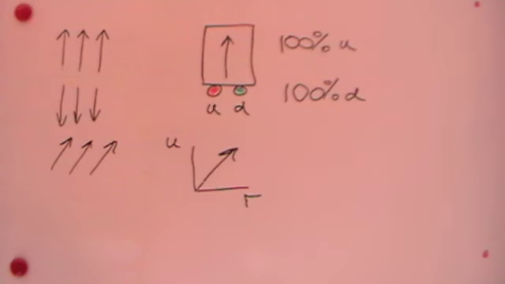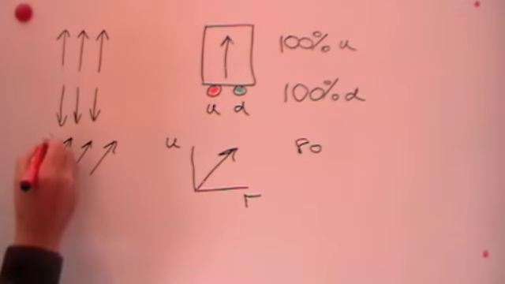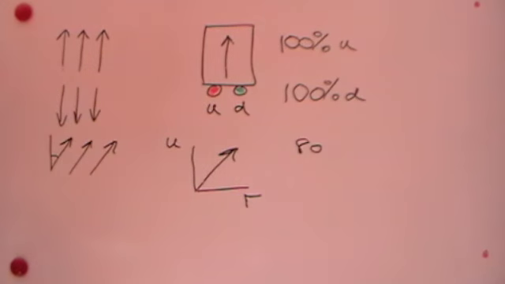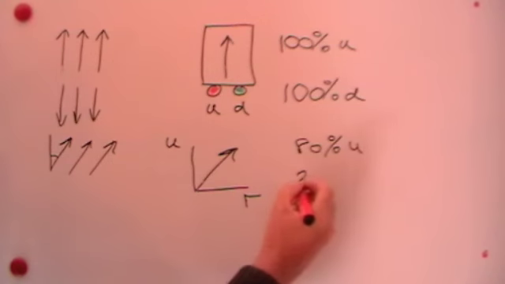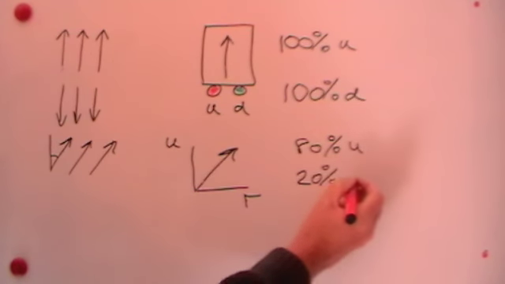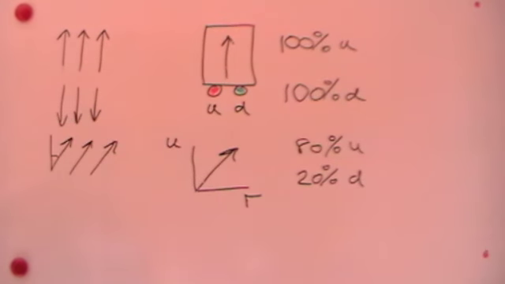But what you actually find is, and it depends on the angle, but you'll find sort of 80% will come out up, but there will be 20% of those electrons at this angle passing through this machine that will cause the green light to come on, indicating that they have been measured as spin down.